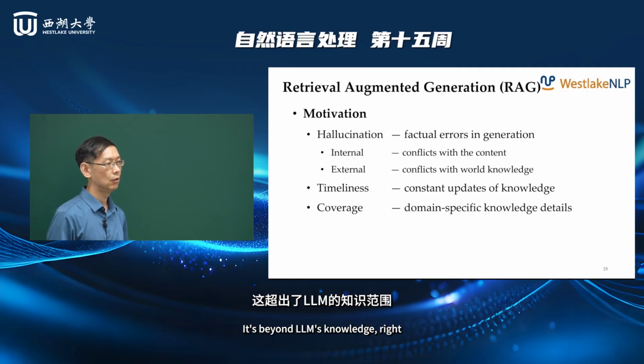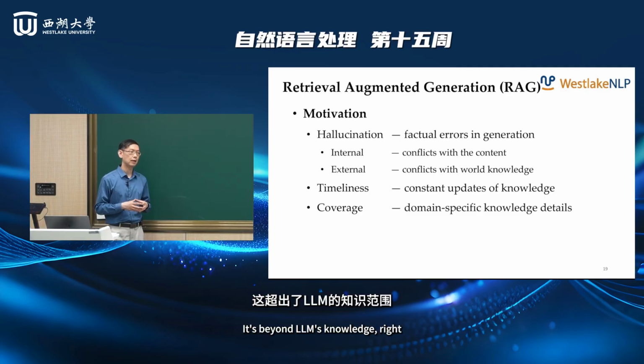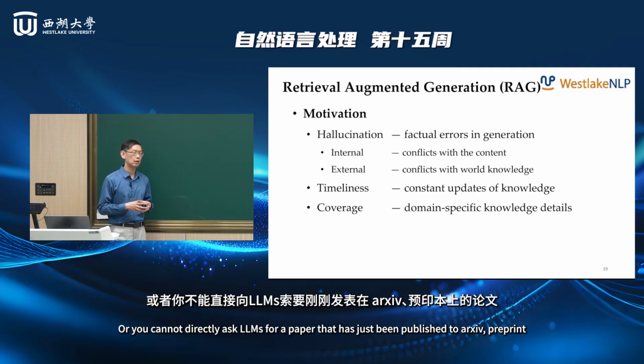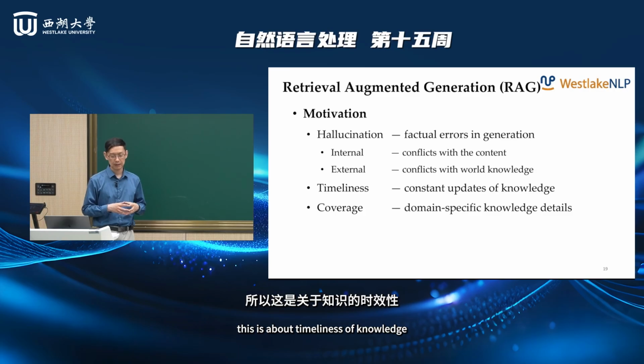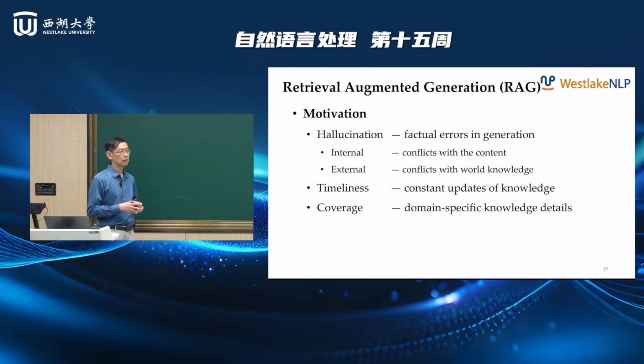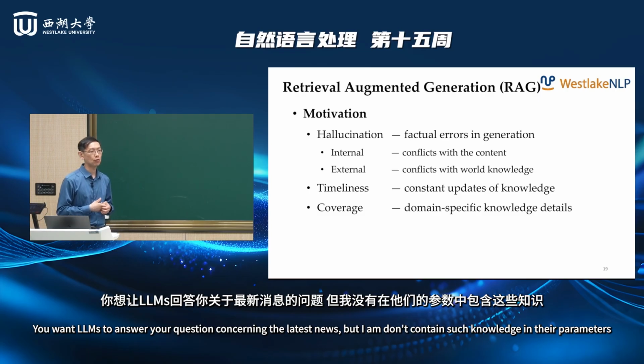You cannot directly ask an LLM about a paper that has just been published as an arXiv preprint. So this is about timeliness of knowledge. You want LLMs to answer your question concerning the latest news, but LLMs don't contain such knowledge in their parameters.